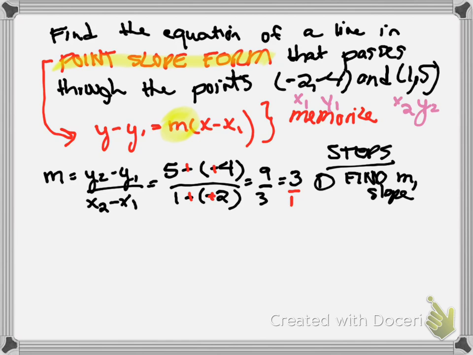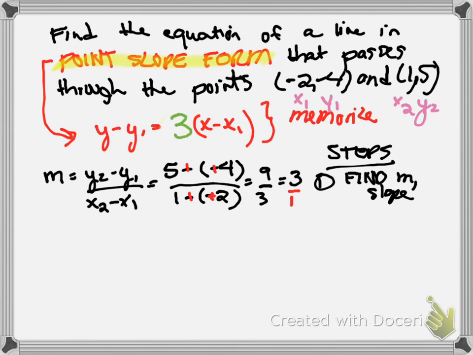Now if we go back and look at our original equation, y minus y1 equals m times x minus x1, that's our goal. This time, just to save space, I'm going to superimpose this 3 there.